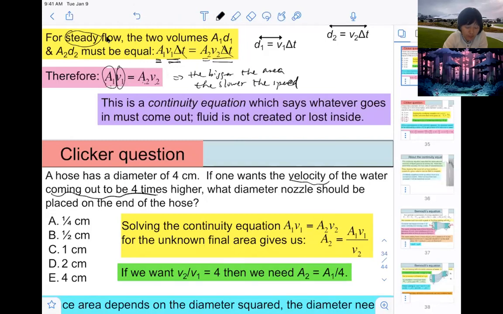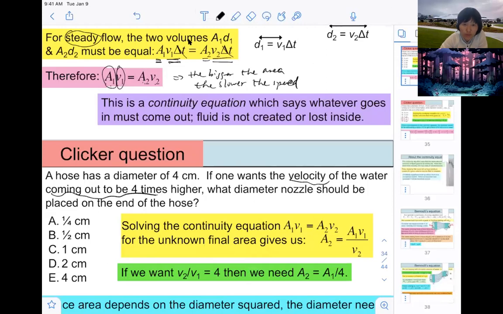We want it to flow faster, so do we want to make the diameter bigger or smaller? Make it bigger, you make it more wide. Make it smaller, you make it more narrow. So using the continuity equation, we need to make it smaller.